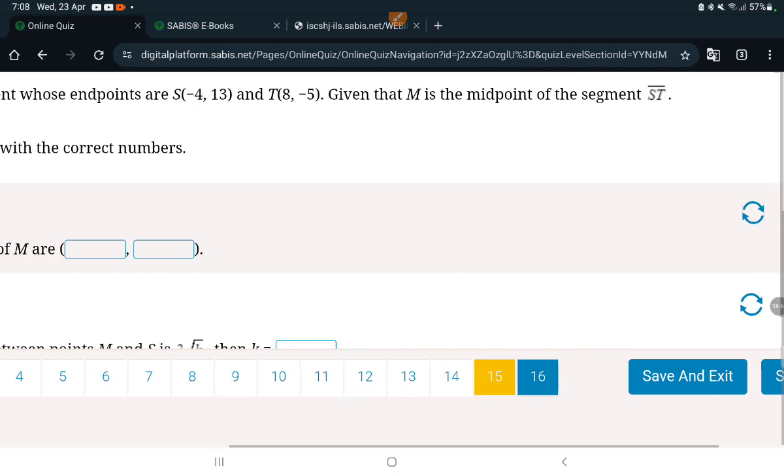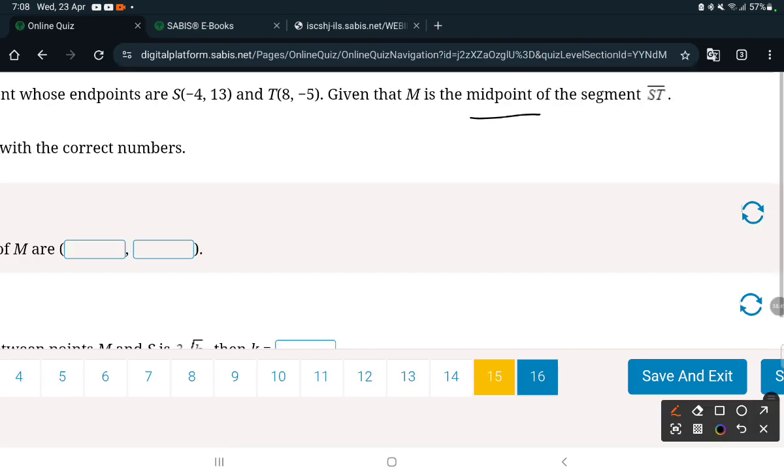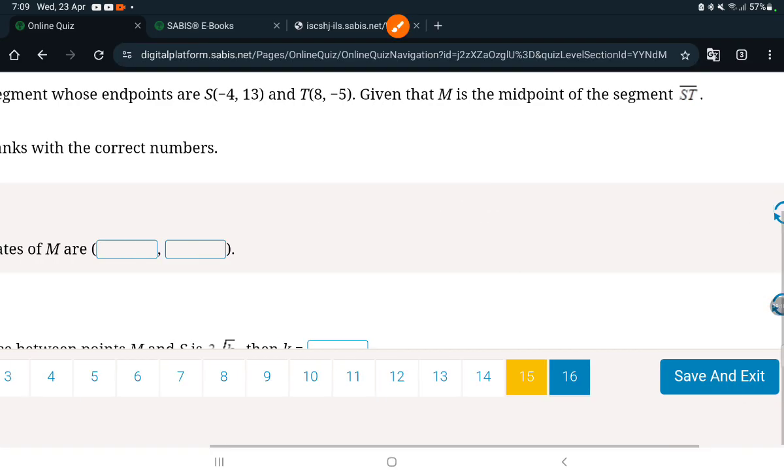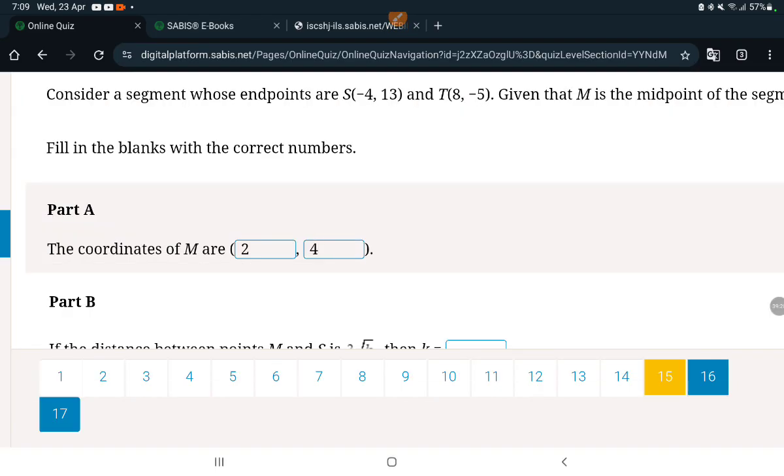Given that M is the midpoint of the segment, we use the midpoint theorem. x1 plus x2 is negative 4 plus 8, which is 4, divided by 2 is 2. Then 13 plus negative 5 is 8, over 2 is 4. So x is 2 and y is 4. That's the coordinates of the midpoint.